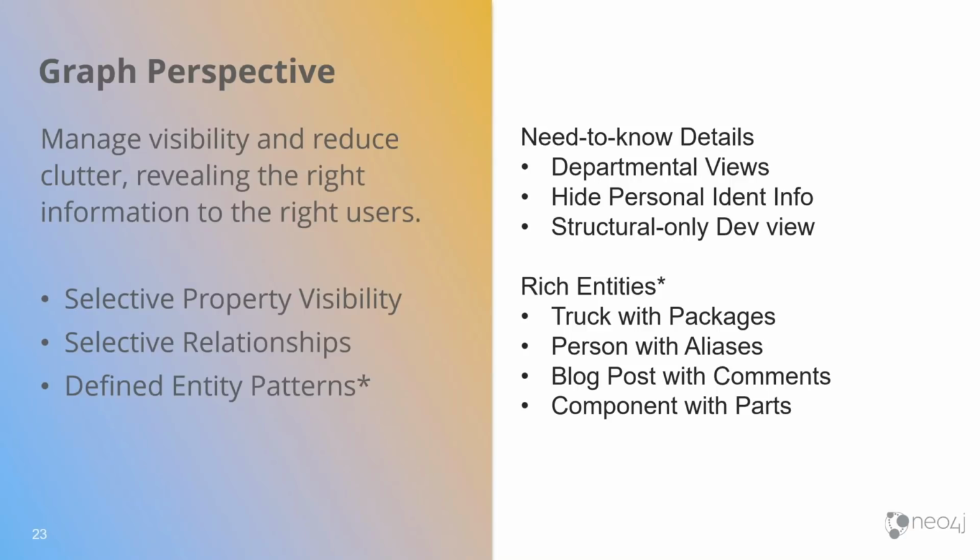I can look at structure only, right, which is kind of your schema view of the graph, and then I can look at interesting collections of nodes and relationships. This rich entity kind of idea, trucks with packages on them, or people with aliases for what they're called, blog posts with comments, right? Those kind of naturally identifiable groupings. We can create a perspective to highlight each one of those.